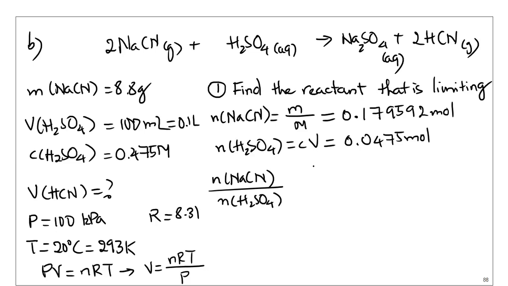The theoretical ratio is basically the ratio that you get from the equation, and the equation gives you a 2 to 1 ratio based on the coefficients. The actual ratio uses the actual amount given to you from your calculation.